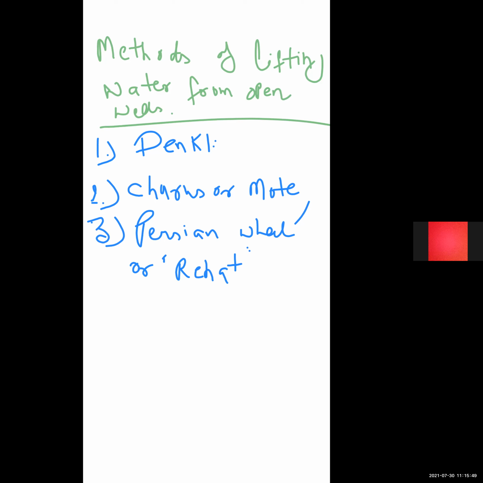Third is the Persian wheel. This arrangement is widely used in India at those places where pumps have not so far been installed. It uses animal labor and is very suitable for wells up to a depth of 12 to 20 meters. The arrangement consists of an endless chain of buckets made of GI.